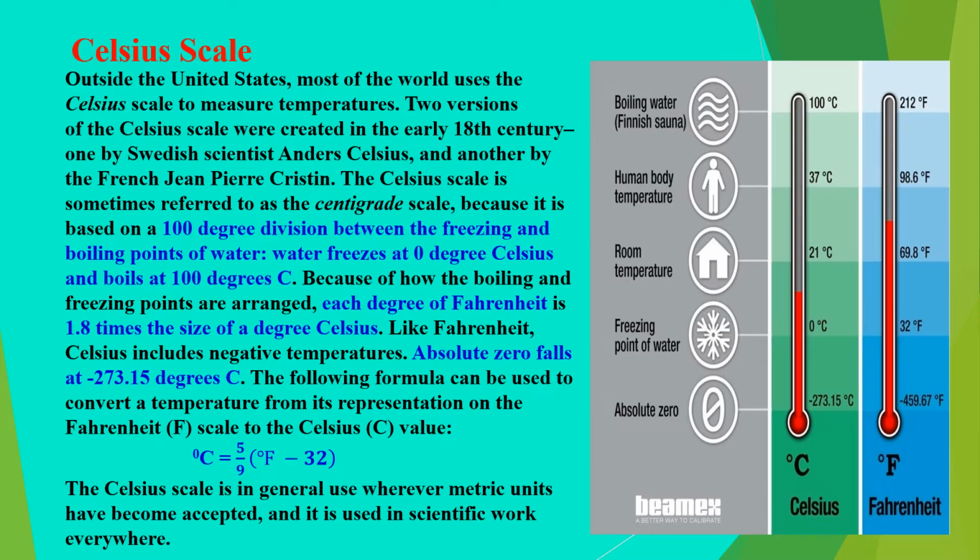The following formula can be used to convert a temperature from its representation on the Fahrenheit scale to the Celsius scale value. Degrees Celsius equals 5/9 times the quantity degrees Fahrenheit minus 32. The Celsius scale is in general use wherever metric units have become accepted, and it is used in scientific work everywhere.